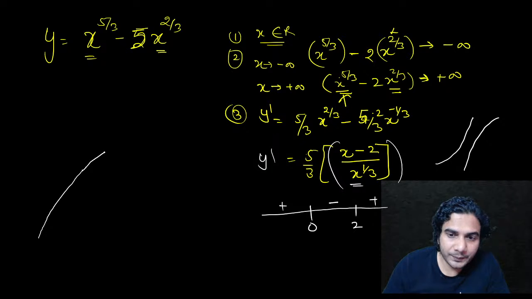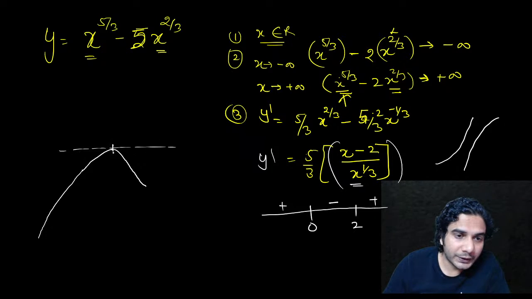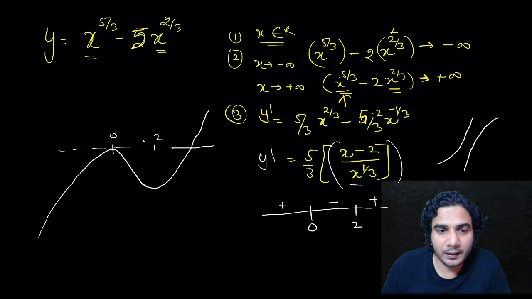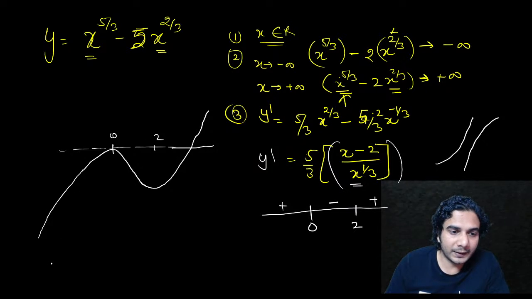So it is increasing up to 0. Then after 0 it is decreasing up to 2. This is actually the x-axis, so this point is 0 and this point is 2. It is decreasing up to 2, and after 2 it is again increasing. It is like this. This is a rough sketch because we are not checking the concavity, so it might look like this also.